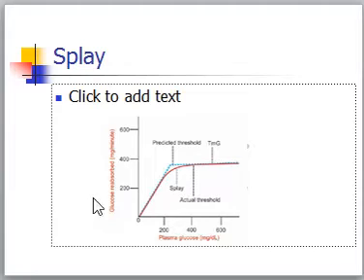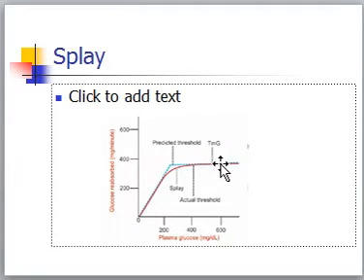The splay is because all the nephrons do not have the same filtering as well as reabsorbing capacities. So that is the reason there is a splay. There is a deviation, so here there is an actual threshold, and here there is a predicted threshold.